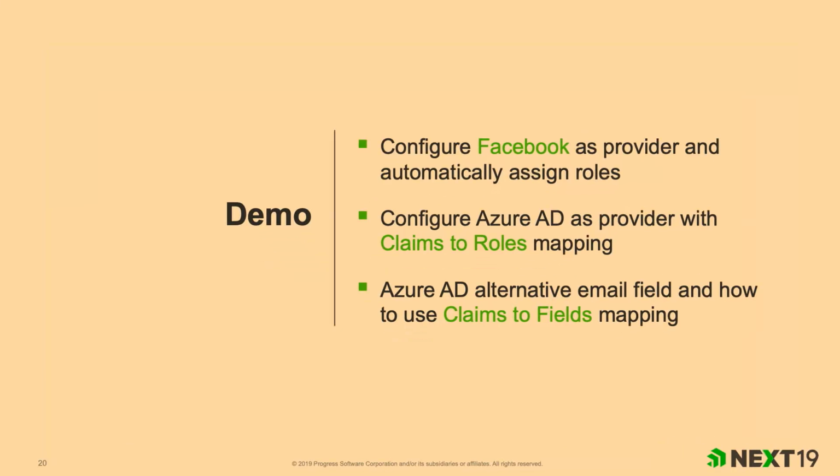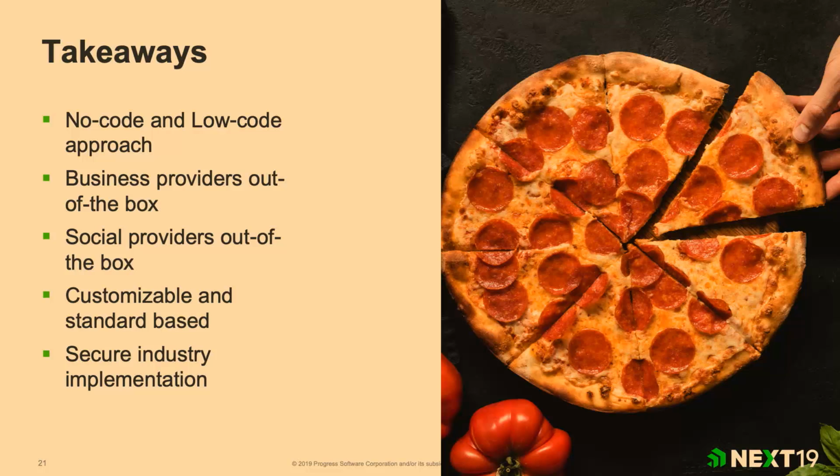So, takeaways from today. No code or very low code approach for pretty much every provider out there with Sitefinity. Business providers, all major providers, thanks to OpenID and Identity Server, you have it out of the box. Social providers as well, and you can add more social providers for some markets. I know Russia comes to mind, there is a different provider popular there.